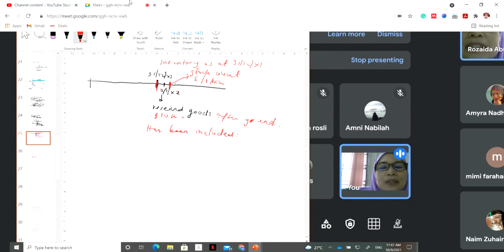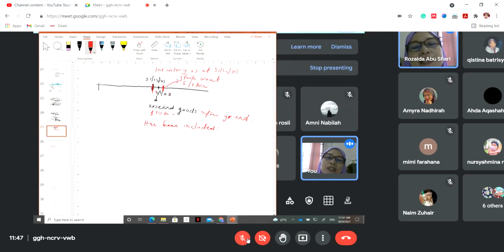What do you as an auditor want to do? Anyone? Fitri? What should you do, Fitri? If the figure is included in the stock count, what should you do?